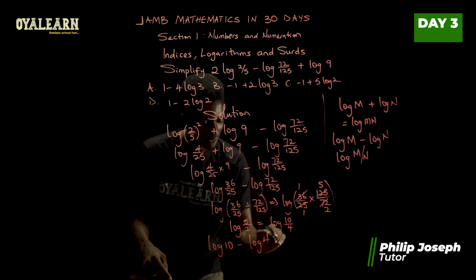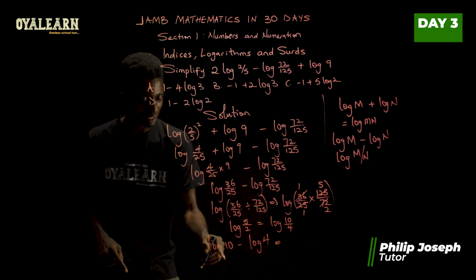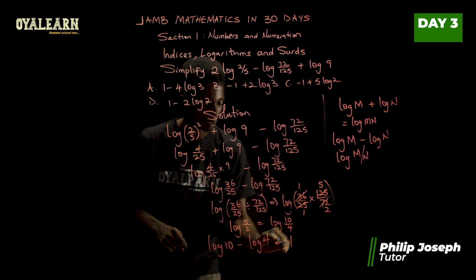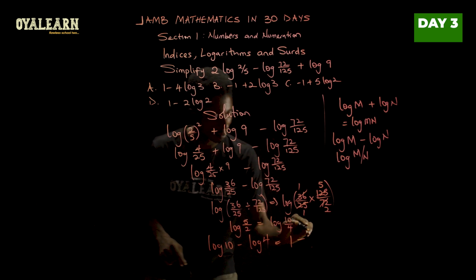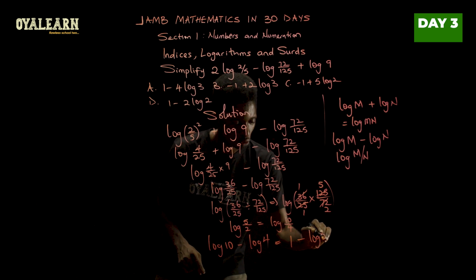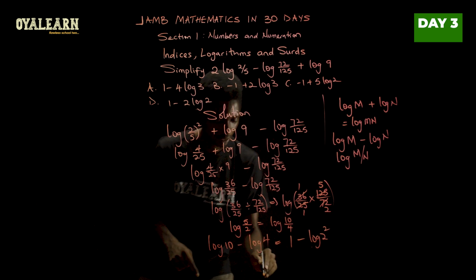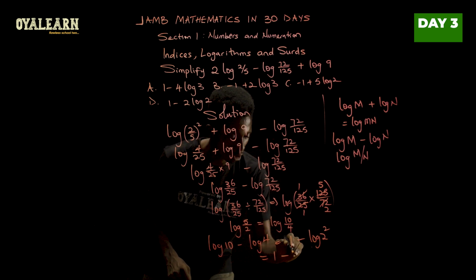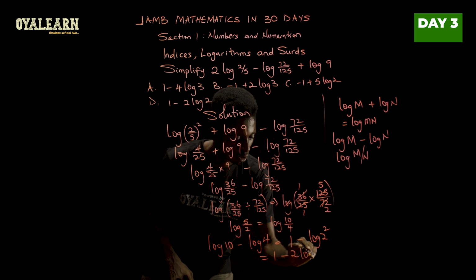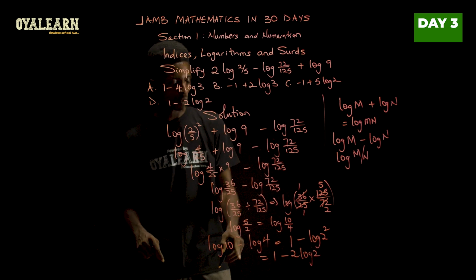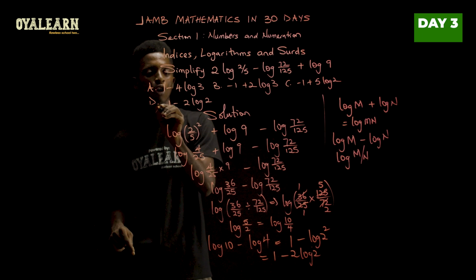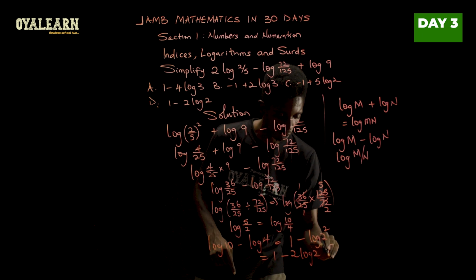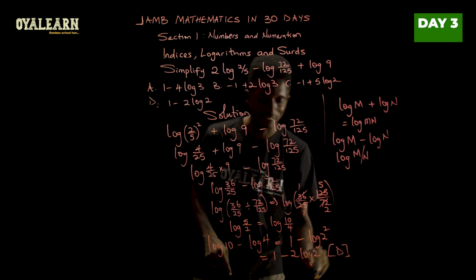Now applying this, we know that log 10 base 10 is 1. So minus, this is the same thing as saying log 2 squared. So we can then finish it up by saying 1 minus, then 2 comes here, we would have 2 log 2. So 1 minus 2 log 2 is option D. So the correct answer is D.